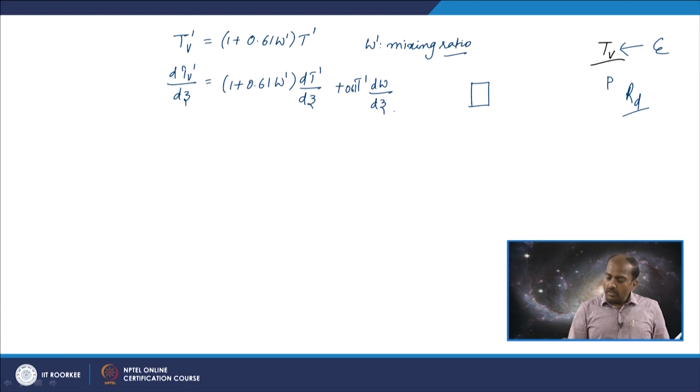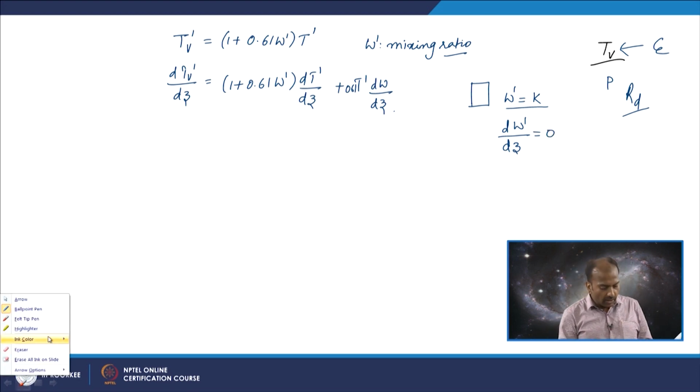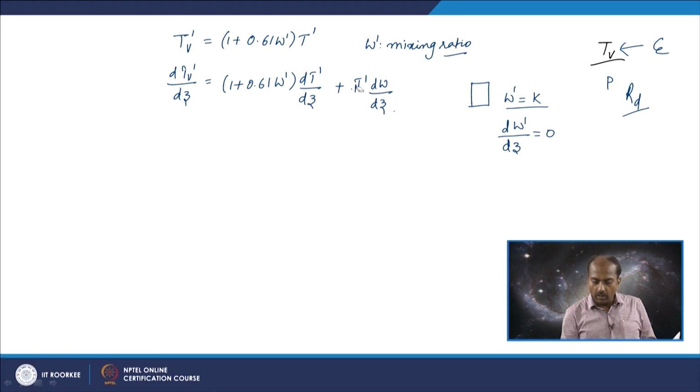That means the air and the level of moisture inside the air parcel will remain as it is, they will not change as it moves around, right. So, the mixing ratio W prime is a constant. The mixing ratio inside the air parcel will not change with respect to the height. So, that means we can exclude this particular term.